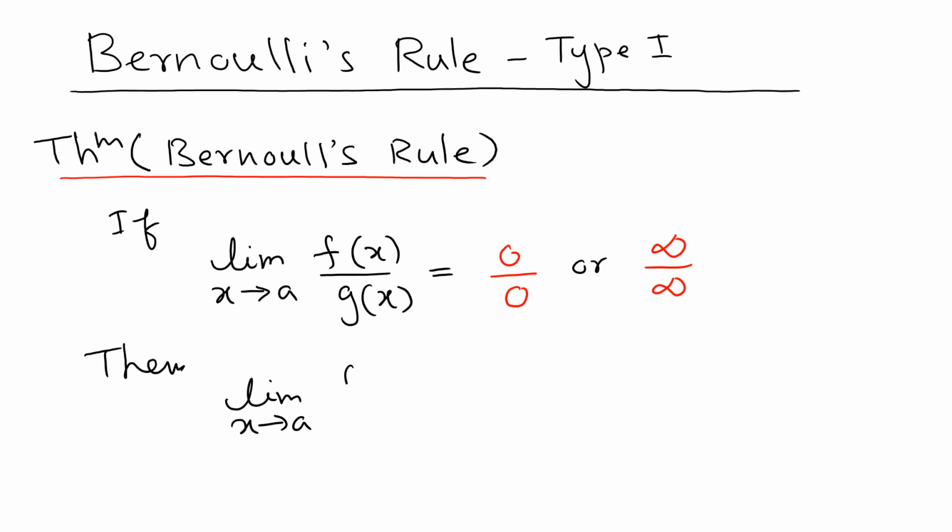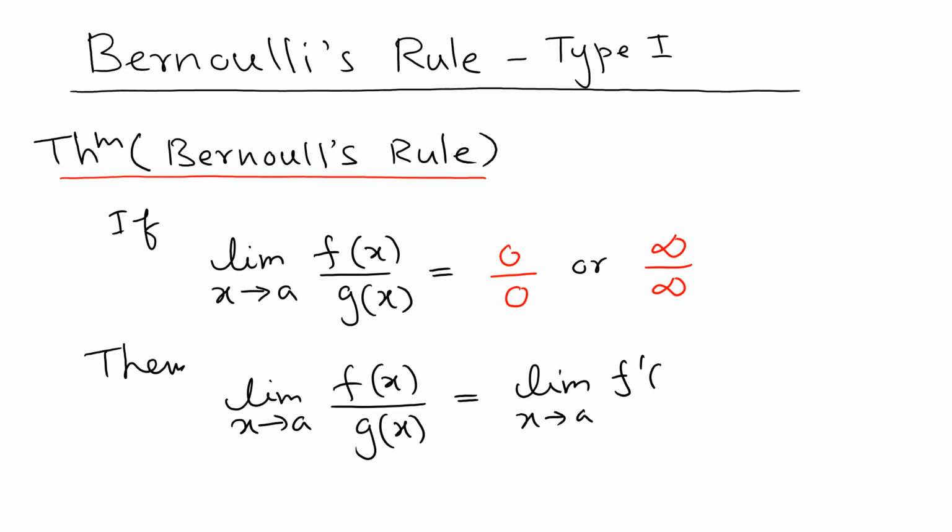So this same limit of f(x) over g(x) is equal to the limit when x goes to a of f prime(x) over g prime(x).